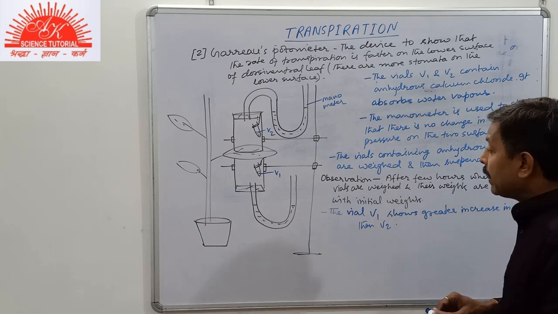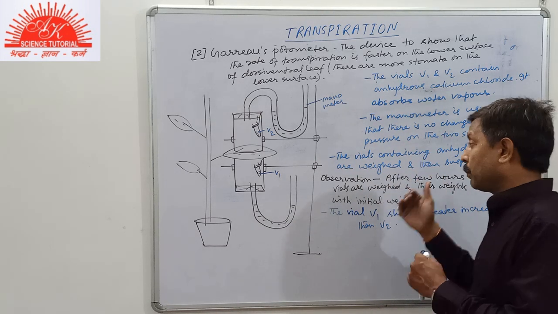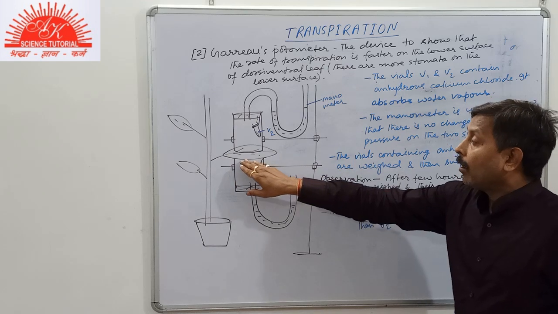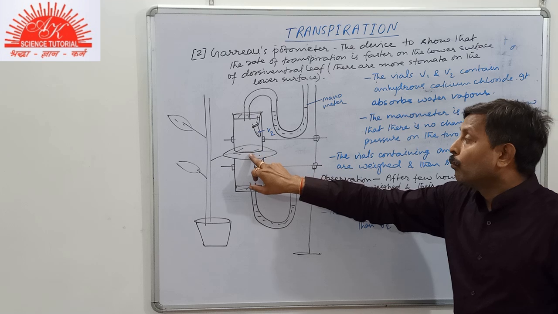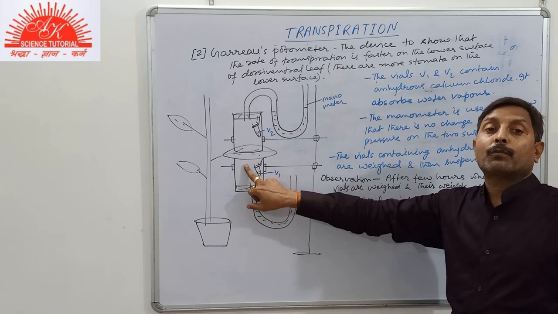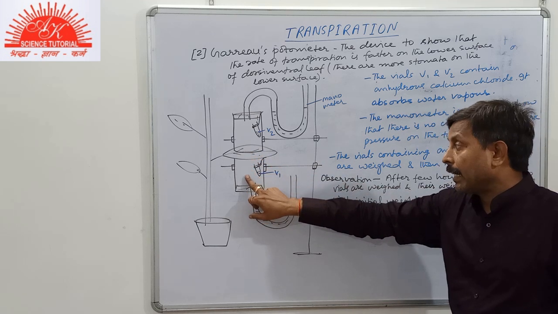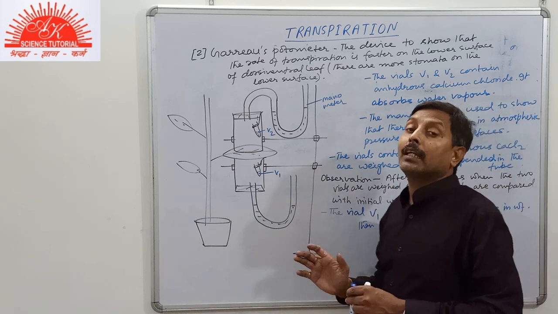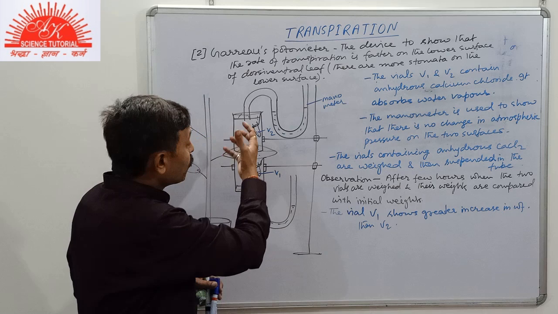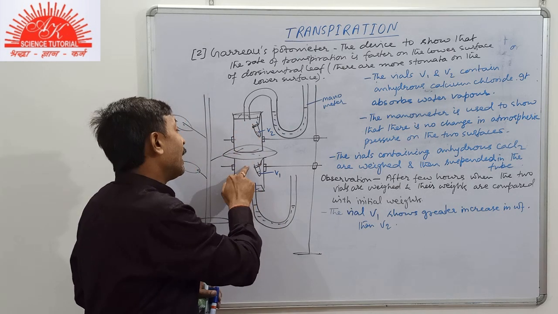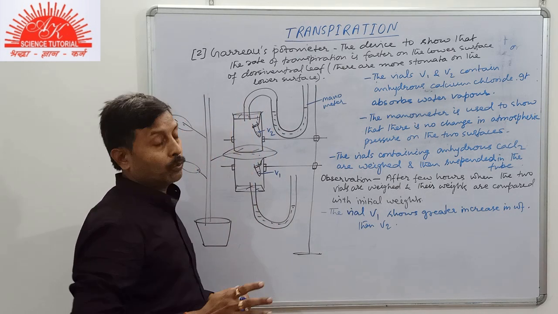Now what is the reason behind it again? We have to explain that on the lower surface there are more stomata, so more transpiration takes place from the lower surface, and hence the anhydrous calcium chloride in vial V1 absorbs more water vapor than in vial V2.